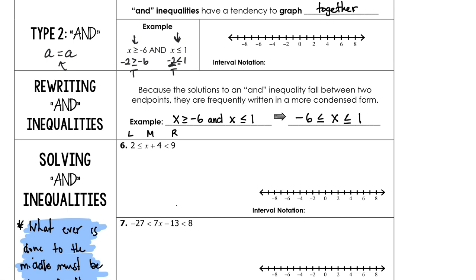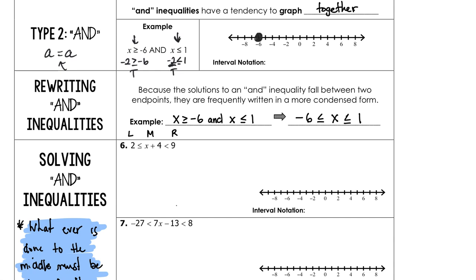So now let's talk about where the number -2 appears on a number line in relation to the numbers -6 and 1. At -6, we have a closed circle because it's less than or equal to.